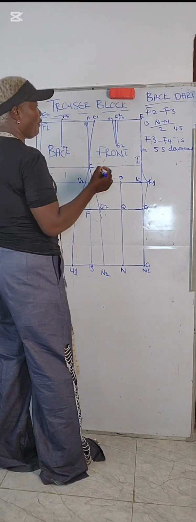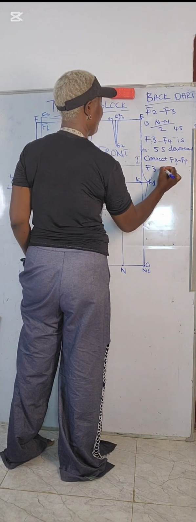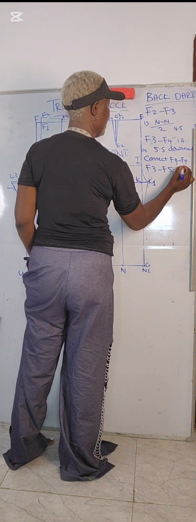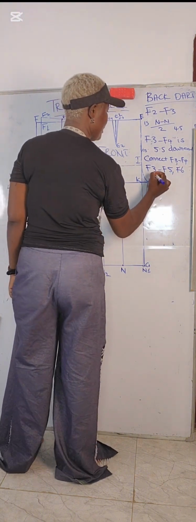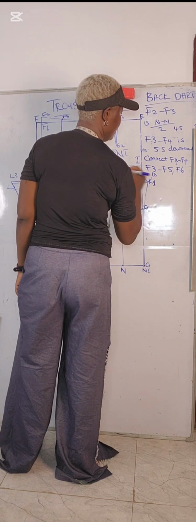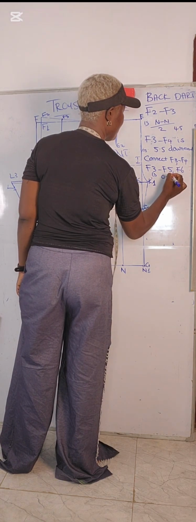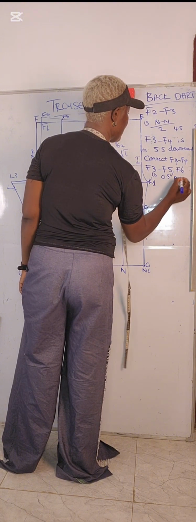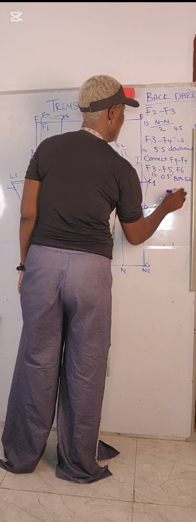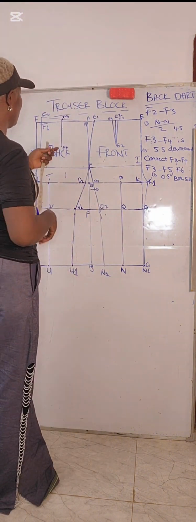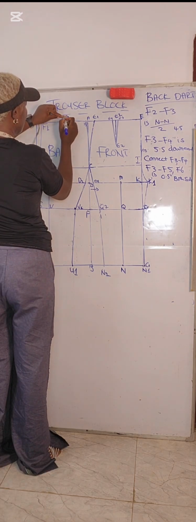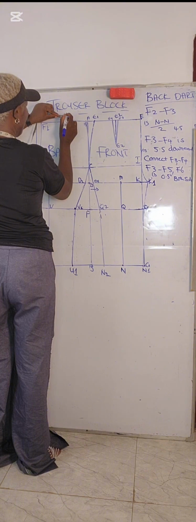Connect F3 to F4. F3 to F5 and F6 is 0.5 inch both ways, both sides. So I'll come this side and do 0.5 inch. I'll come here, 0.5 inch.